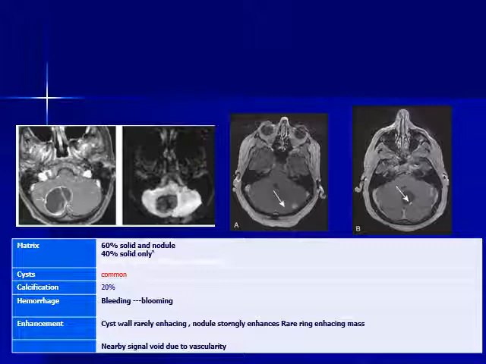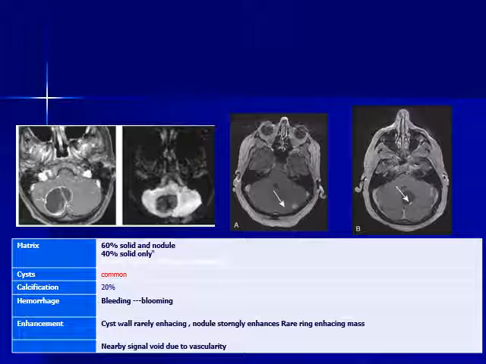Again, these are the three patterns. It could be solid and nodule, or cystic like this. Let me give you a tip. If you find a cyst and nodule in a cerebellum in a child, it is pilocytic astrocytoma until proved otherwise.